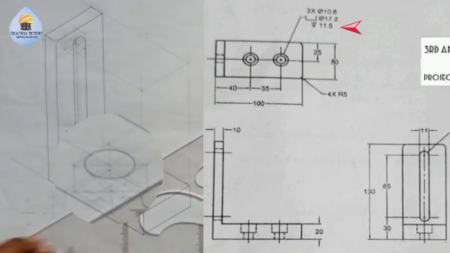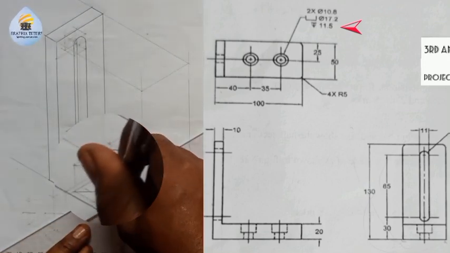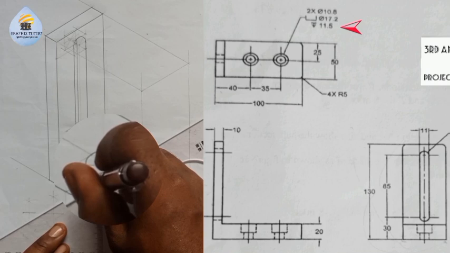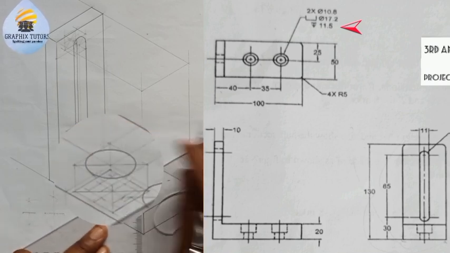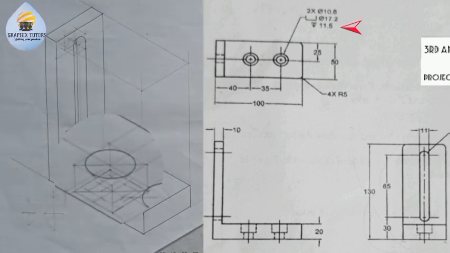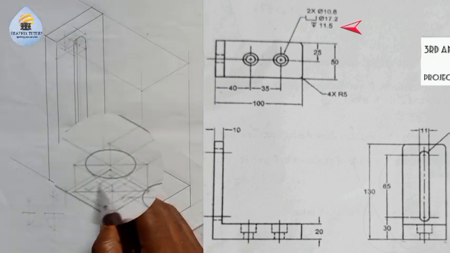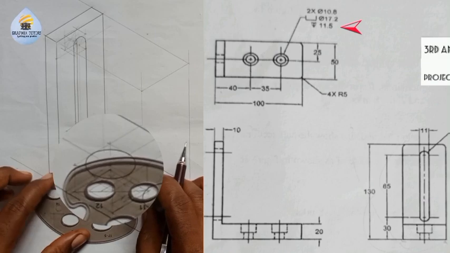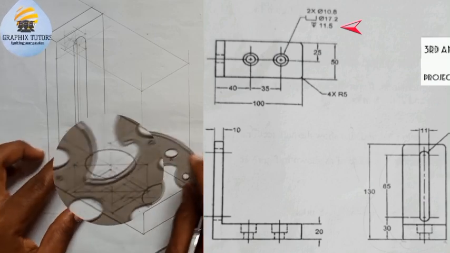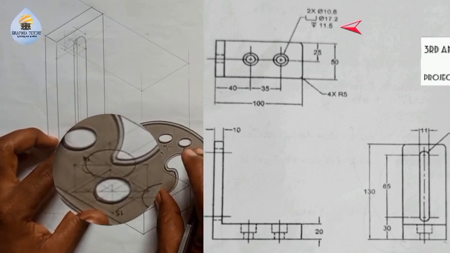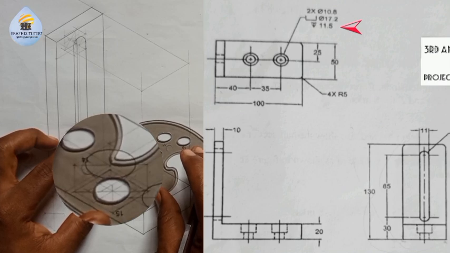I'll just close it up. With the help of my set square, my French curve, I'll look for the circle that best fits this box here. And I'm saying this. Can you see that?